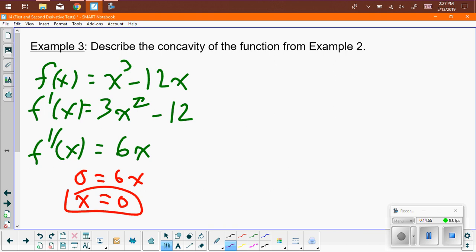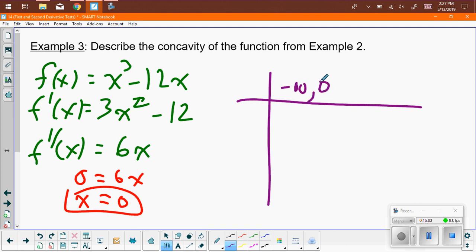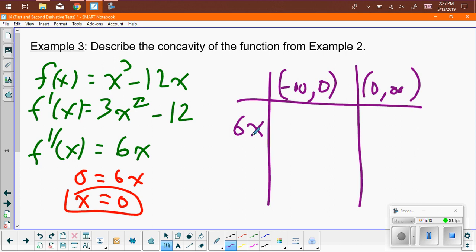So I'm going to do another little interval chart here. I have from negative infinity to 0, and from 0 to infinity. The only factor I really have is the 6x, so I'm not even going to separate it. It's just 6x.